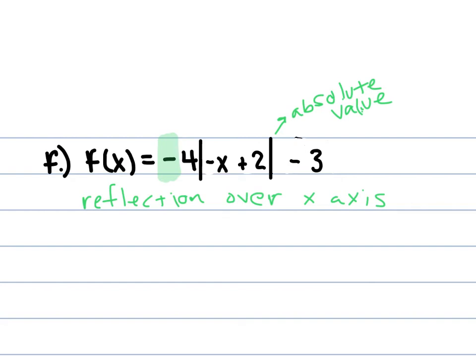Next we have this 4. What does the 4 do to our graph? We have a vertical stretch by a factor of 4. Perfect, vertical stretch by a factor of 4.